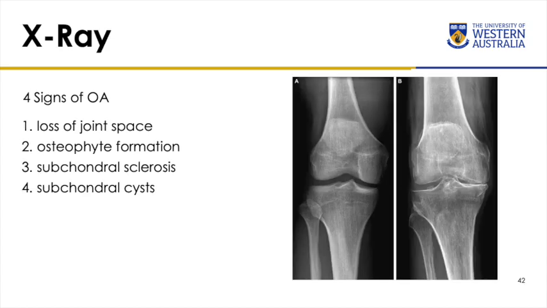Pictured here you see a radiograph of a normal knee and then a knee with medial compartment osteoarthritis. Again, the 4 cardinal radiographic signs of osteoarthritis are loss of joint space, osteophyte formation, subchondral sclerosis, and subchondral cysts.